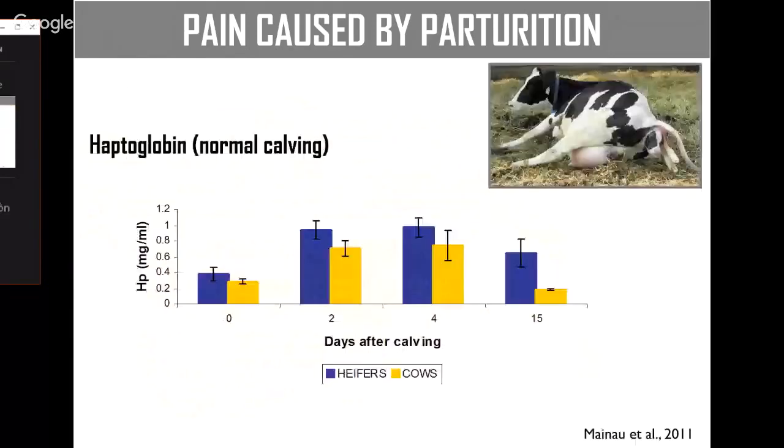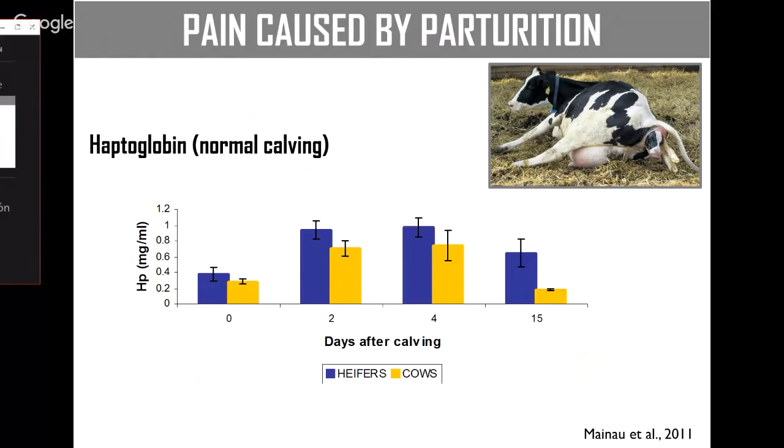Let me show you the results of one study we did in our vet school some time ago. This study was done in cattle, not in sheep. So I am using cattle here as a model, if you wish. And what we looked at was the haptoglobin concentration in plasma. Haptoglobin is a marker of inflammation, so we were not assessing pain per se, we were looking at inflammation, but it is well known that inflammation causes pain.